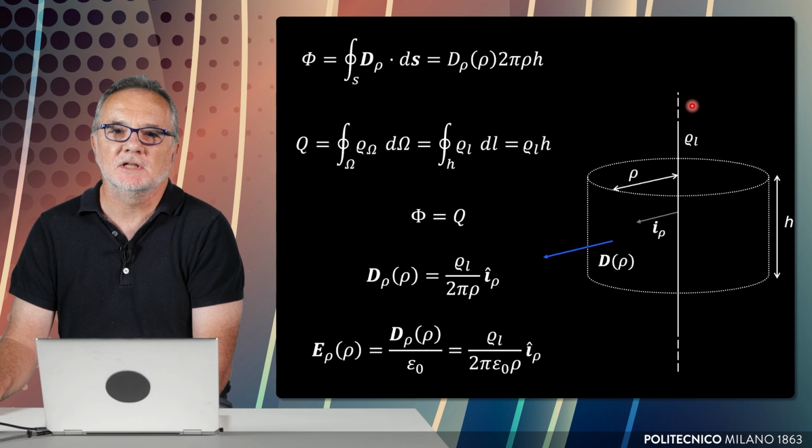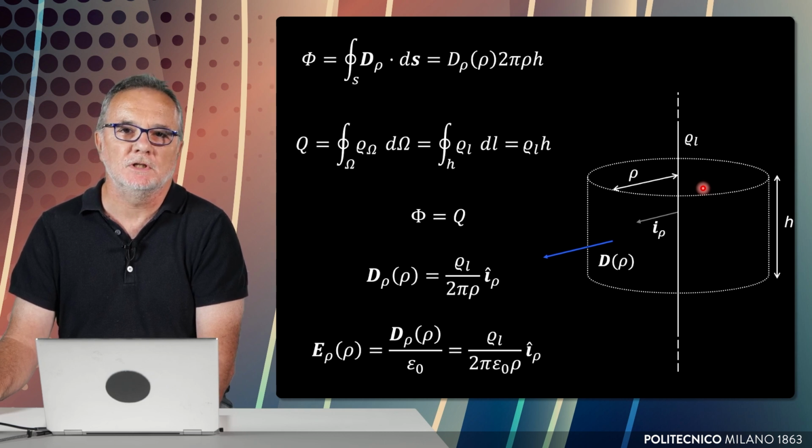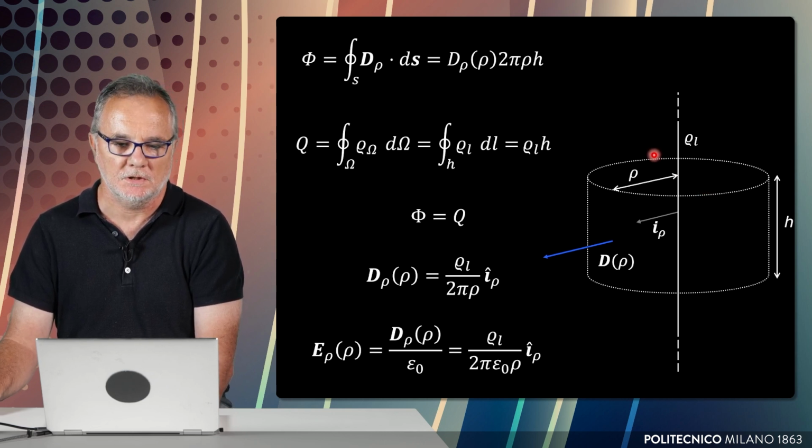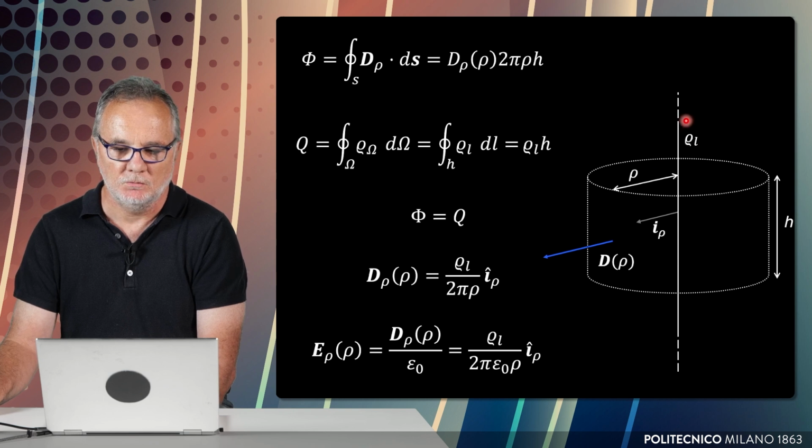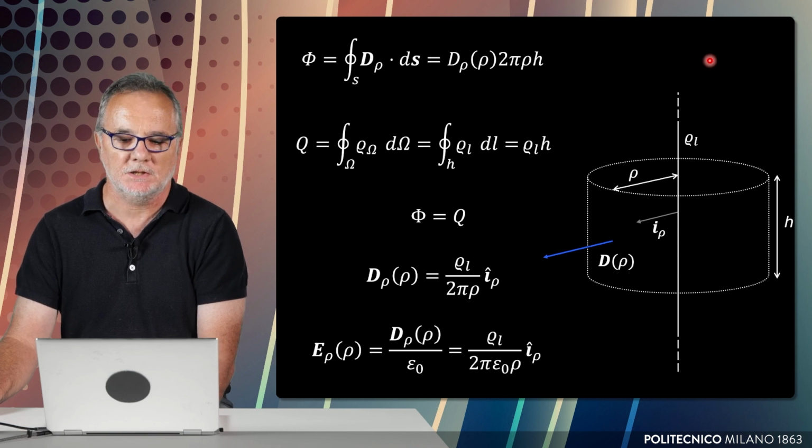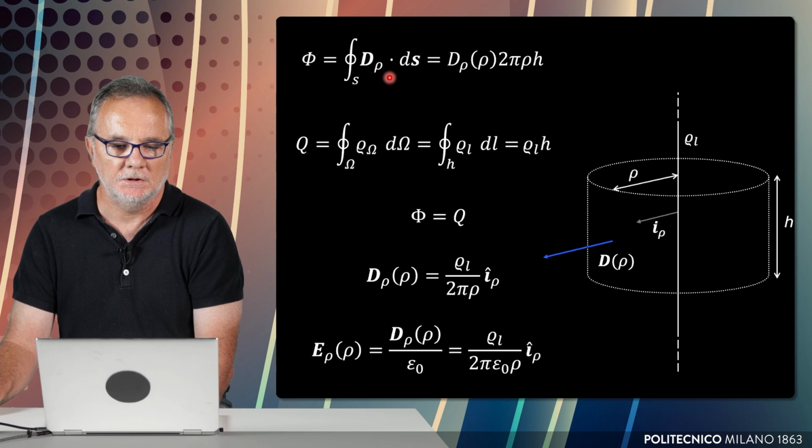Thanks to Gauss' law, we can simplify a lot of electrostatic problems in which we have given charge distributions and we want to compute some fields due to this charge distribution. For instance, in this case, in which we have a linear charge density of infinite extent along this direction, let's say the z-axis, we can use a cylindrical coordinate system to represent the D field.